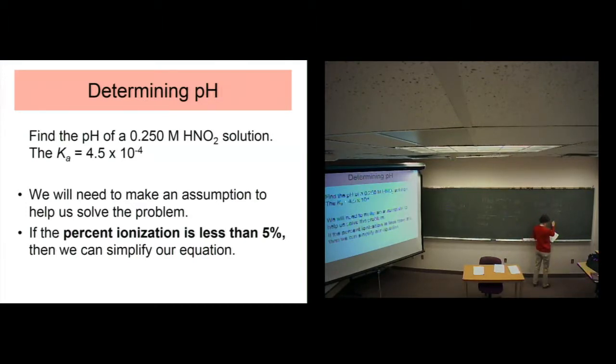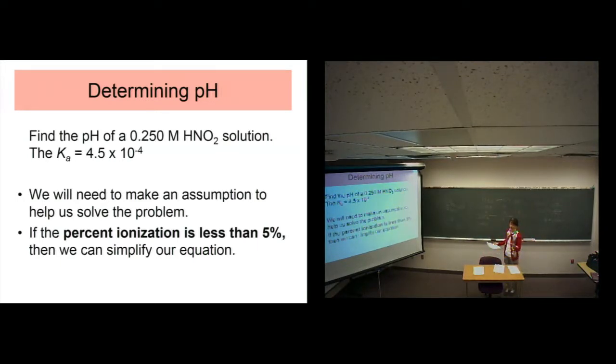Oh, awesome. Oh, but wait, we have to check our assumption to see if this is true. I mean, maybe we need that quadratic after all. So let's go ahead and check our assumption. I need the equilibrium concentration of the hydrogen ion. Well, that's X, right?